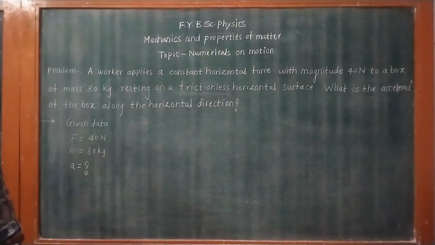But if a complicated problem is given, how do we simplify such problems? For that purpose, we have to make a free body diagram of the given problem. In this problem we will learn how to make a free body diagram.